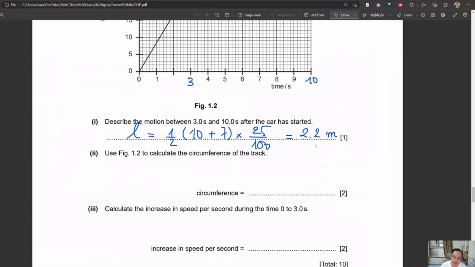Oh, that is circumference. The answer is here, not this row. Okay.